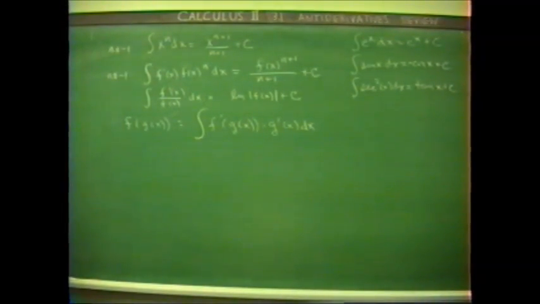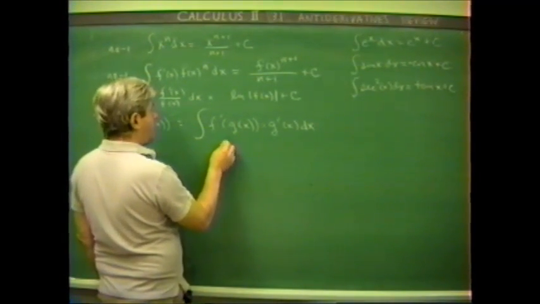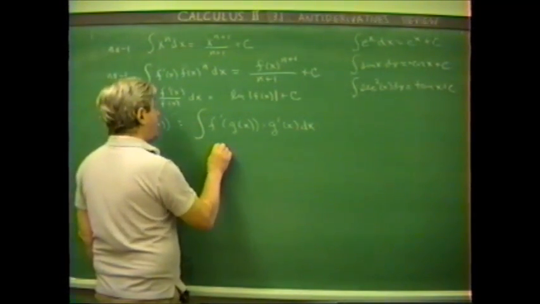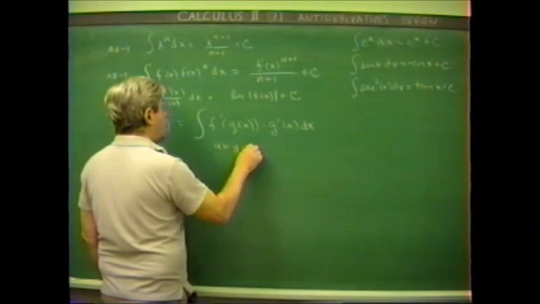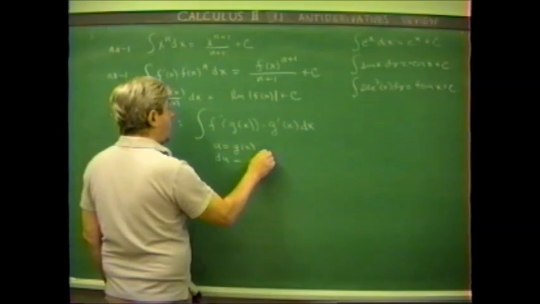Clearly it is. But now, with substitution, what you want to do is ask the following type of question. If I let u be equal to g of x in here, then du, the differential, if you want, is g prime of x dx.